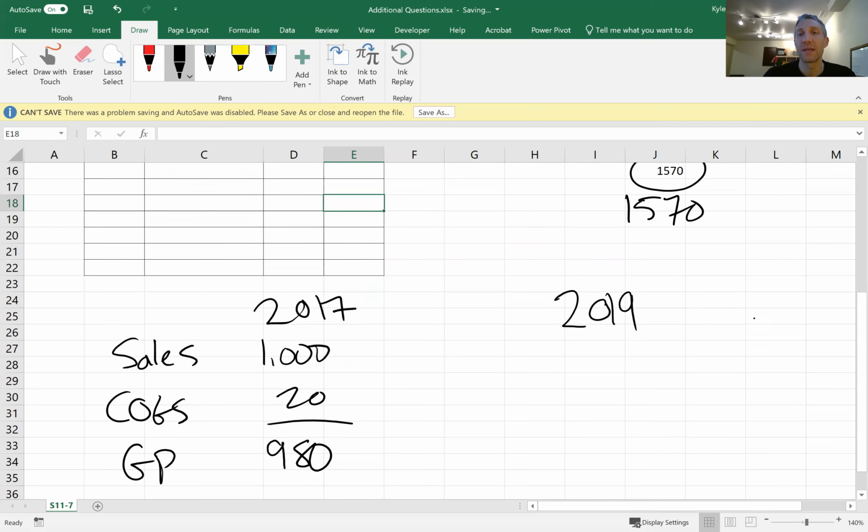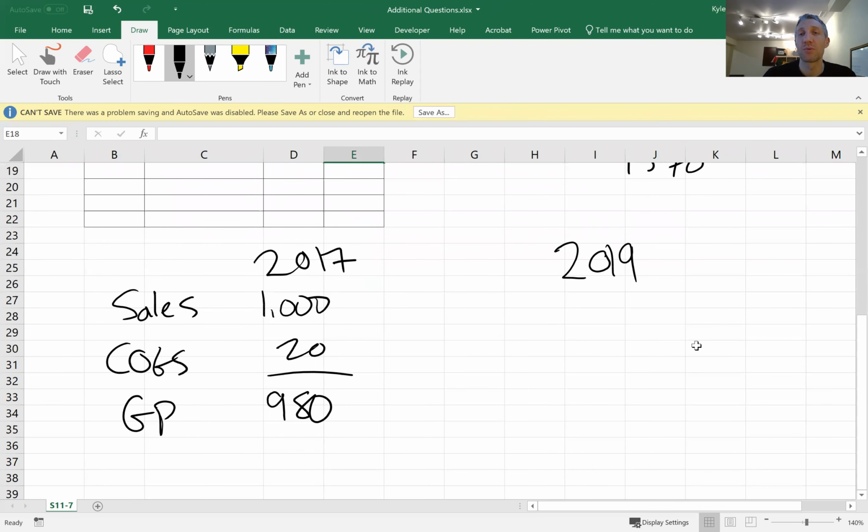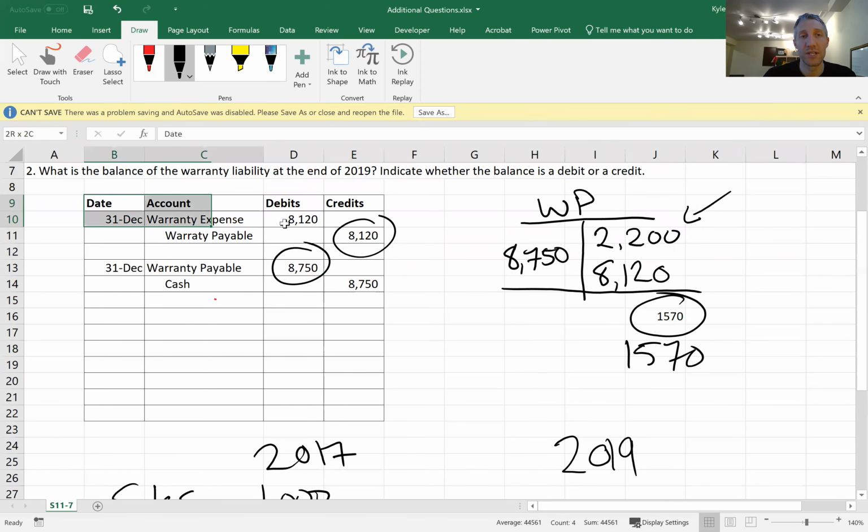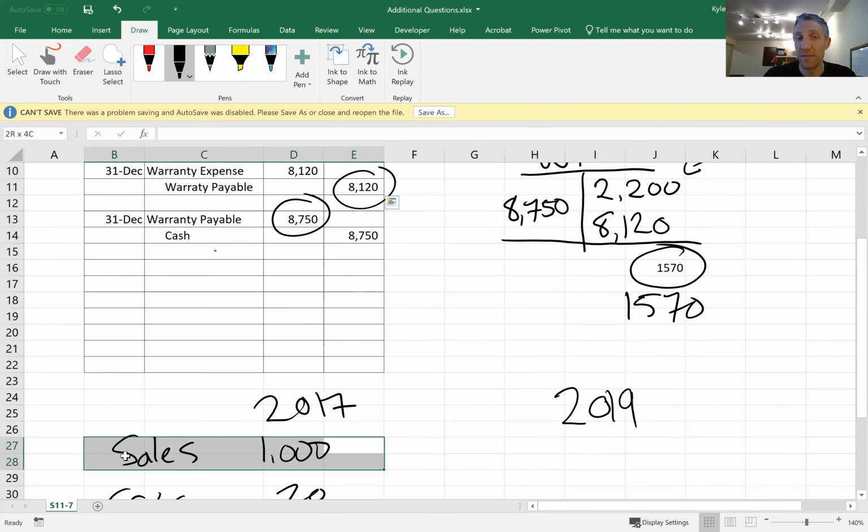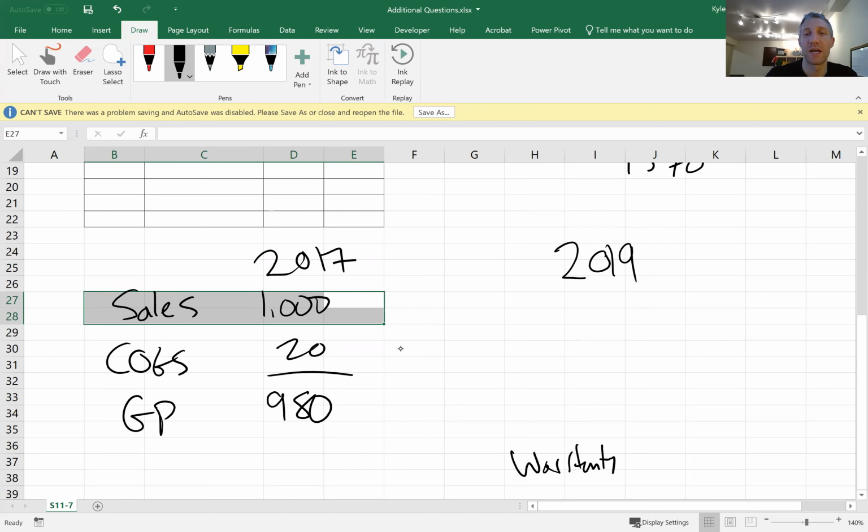If there was no estimate, no journal entry that looks like this in 2017 on any of the $1,000 in sales, they would recognize a warranty expense in 2019. Now, this does not satisfy the matching principle.